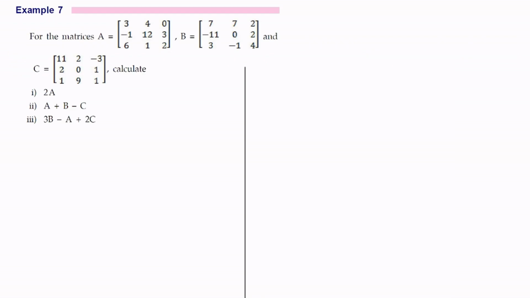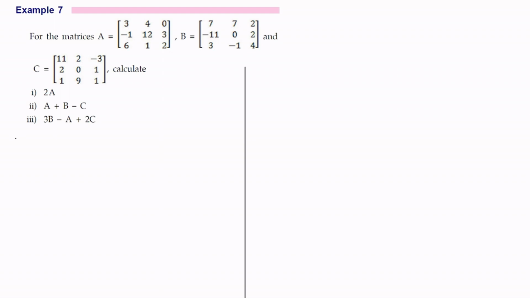Now we will continue with some of the examples. For matrices A, B and C given here, we have to calculate 2A, then A plus B minus C, then 3B minus A plus 2C.